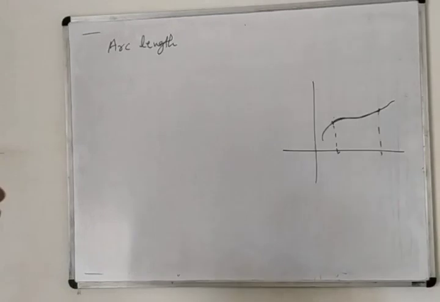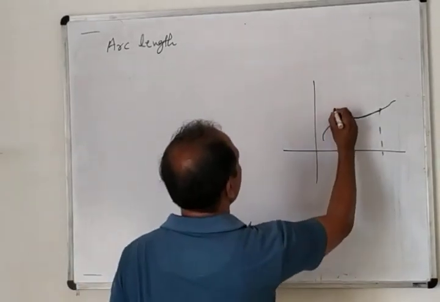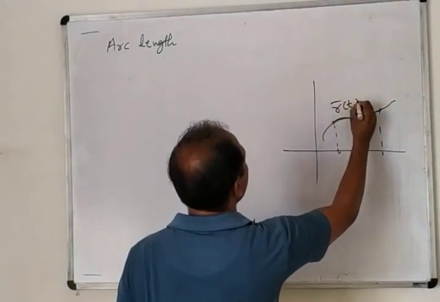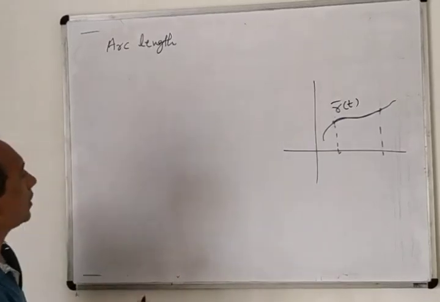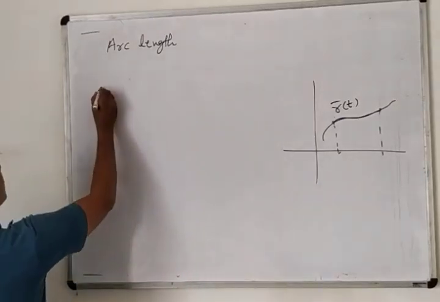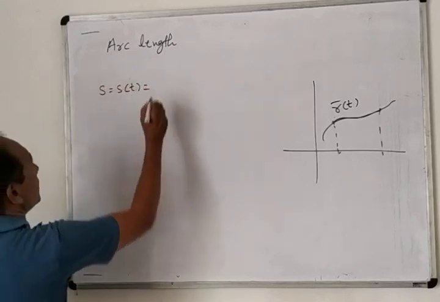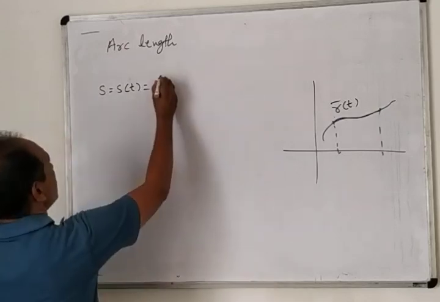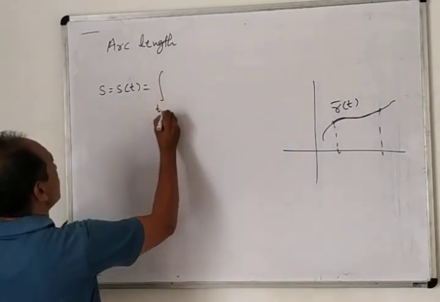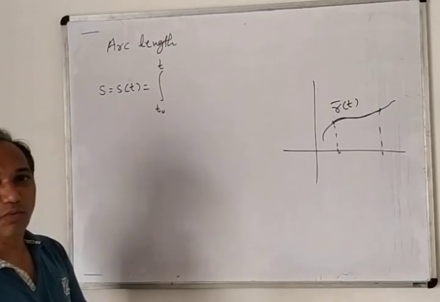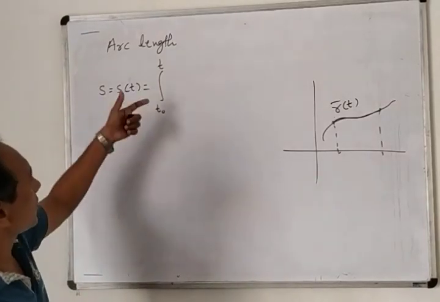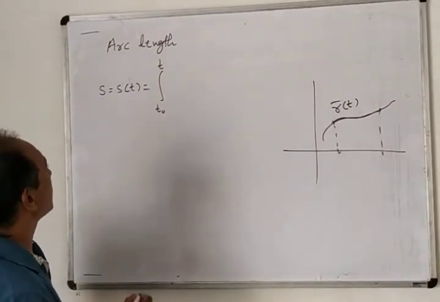Normally we denote the vector function by r bar t. The arc length we denote by s, or sometimes a function of t, and it is obtained by integration from t0 to t. t0 is the starting point, the initial point, and t is the ending point, which will be given to us.